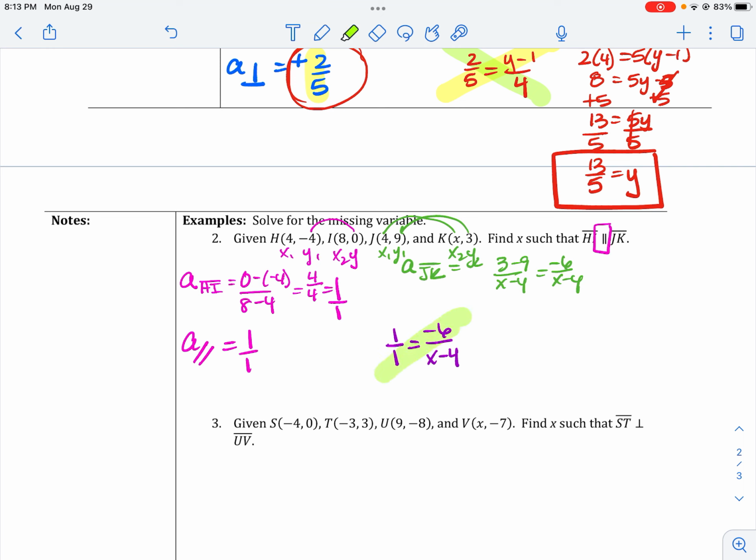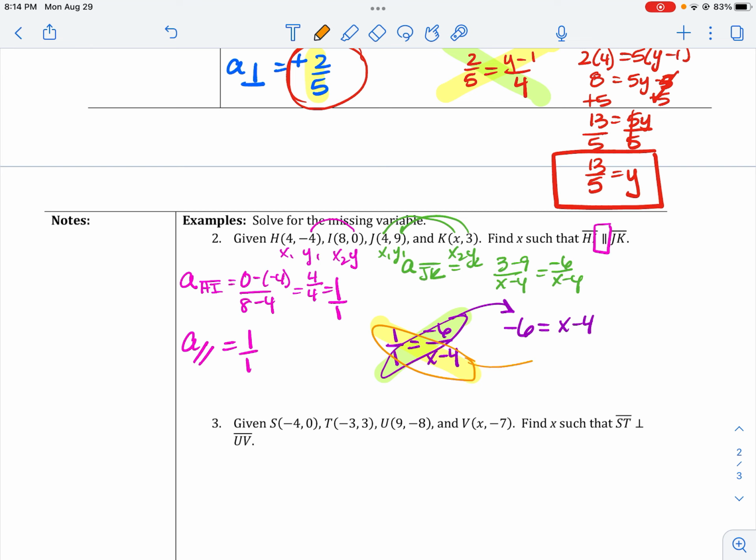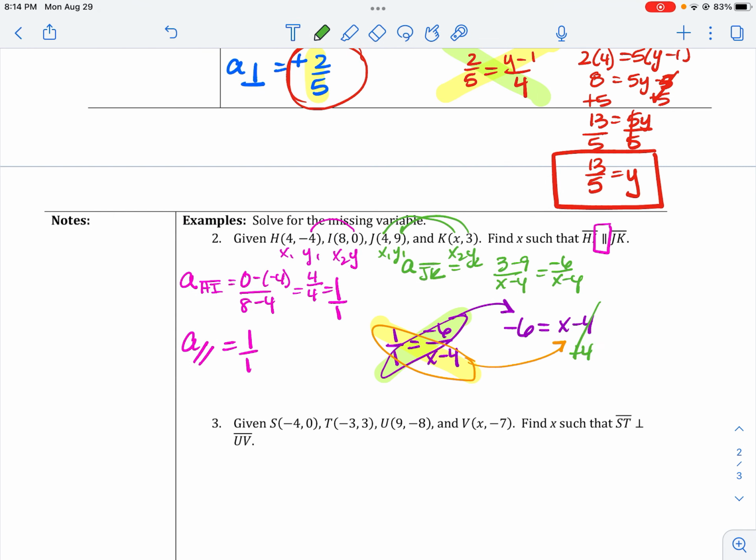So I'm going to cross multiply those, so that I get negative 6 equals x minus 4. This is the negative 6. This is the x minus 4. So we add 4 to both sides, and I get negative 2 equals x.